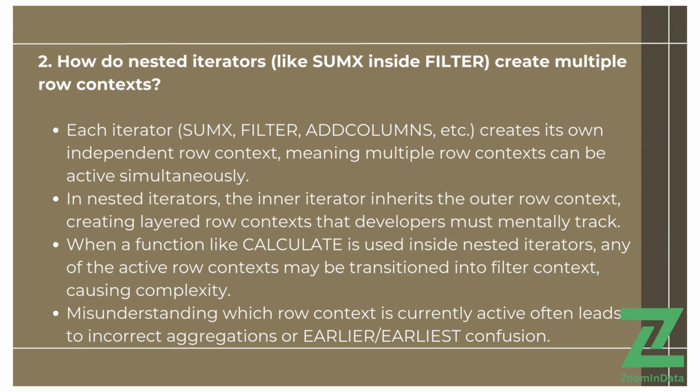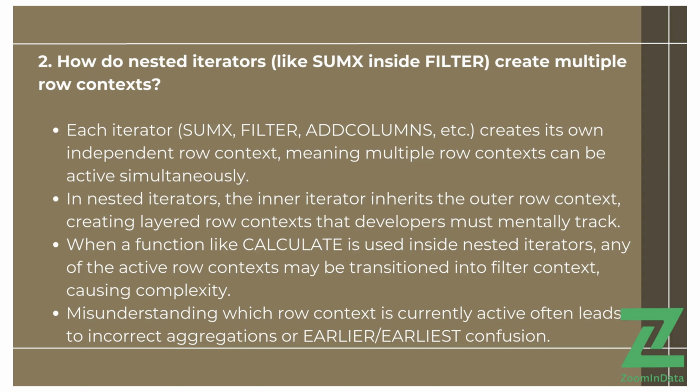Second question. How do nested iterators, like SUMX inside FILTER, create multiple row contexts? Each iterator, SUMX, FILTER, ADDCOLUMNS, etc., creates its own independent row context, meaning multiple row contexts can be active simultaneously.